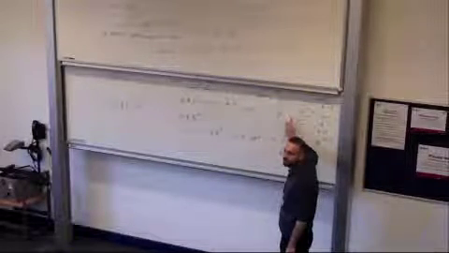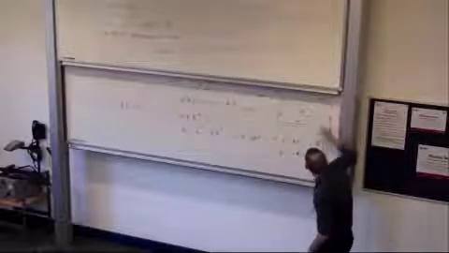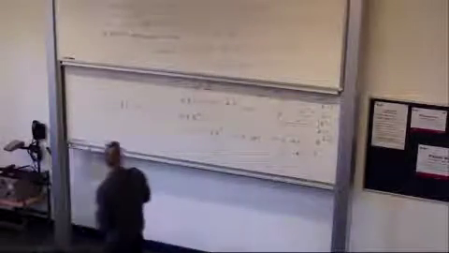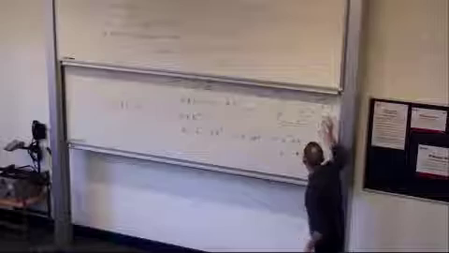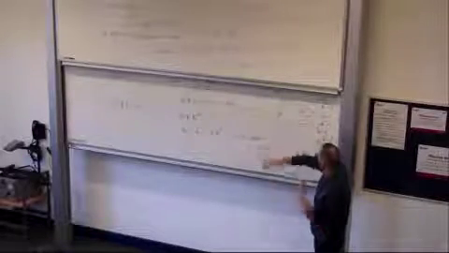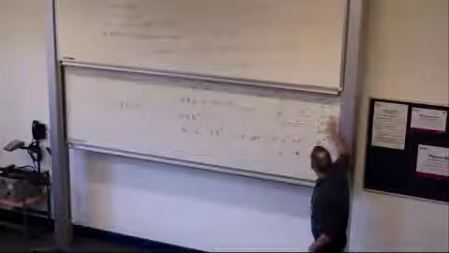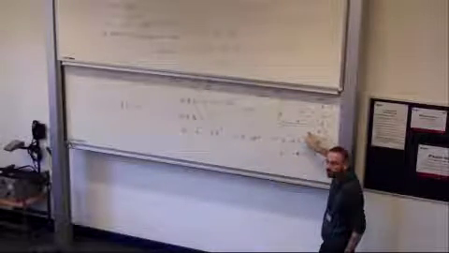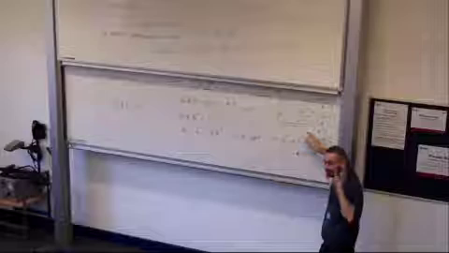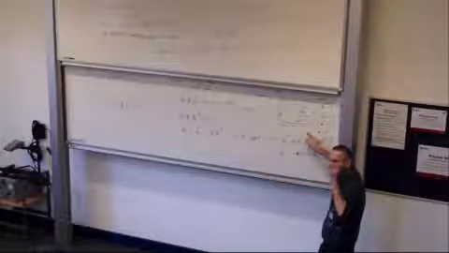In all the other cases, it is not. So the answer is only these 2 elements are invertible, all the others are not invertible, therefore this is not a group. Is the message clear that this is the right answer? Okay, fine. So that one is not a group because only 2 elements are invertible, all the others are not.